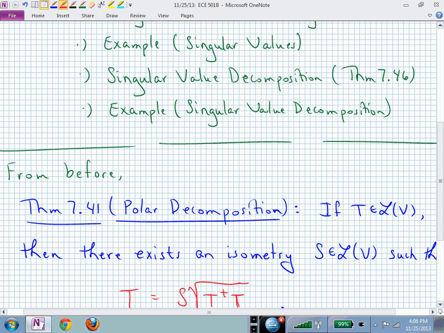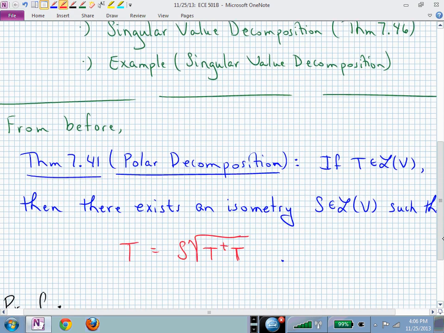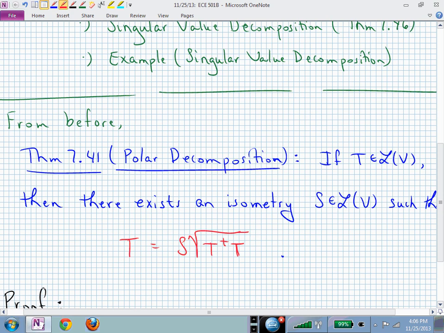Here's where we were last time. We were talking about this polar decomposition, which was Theorem 7.41 in Chapter 7.